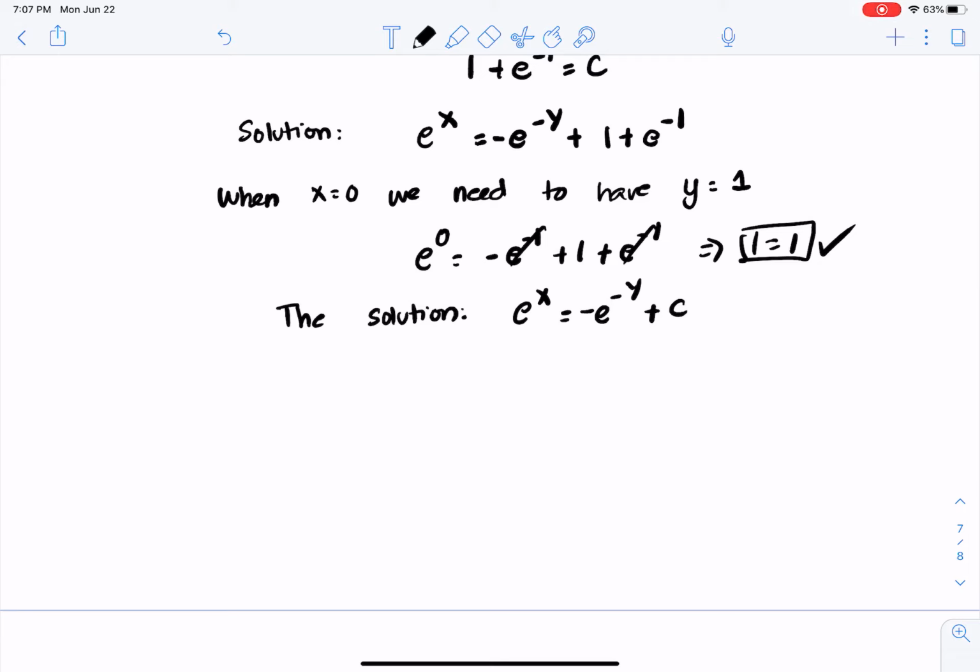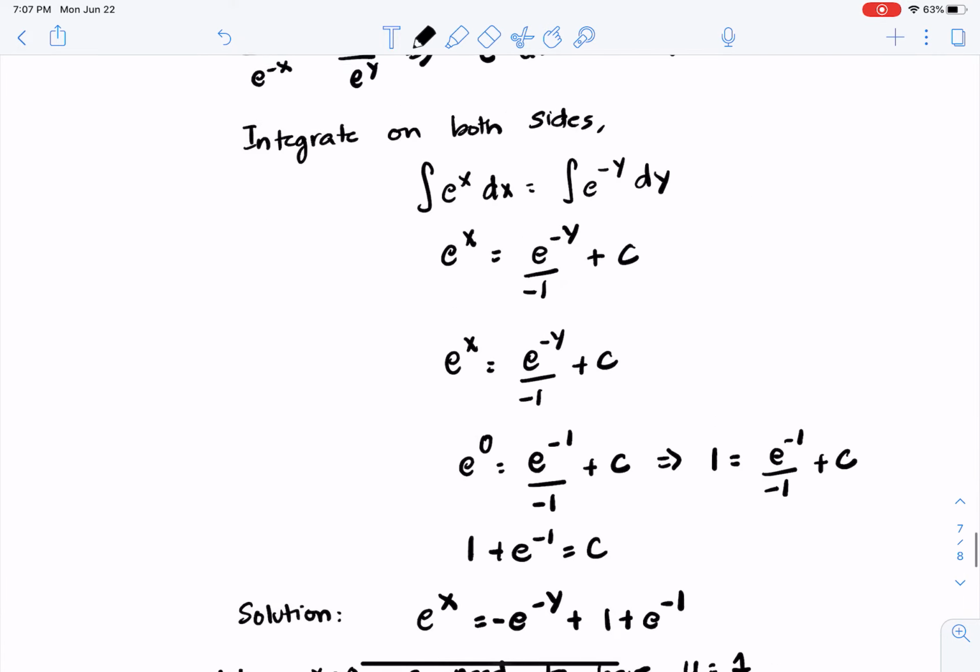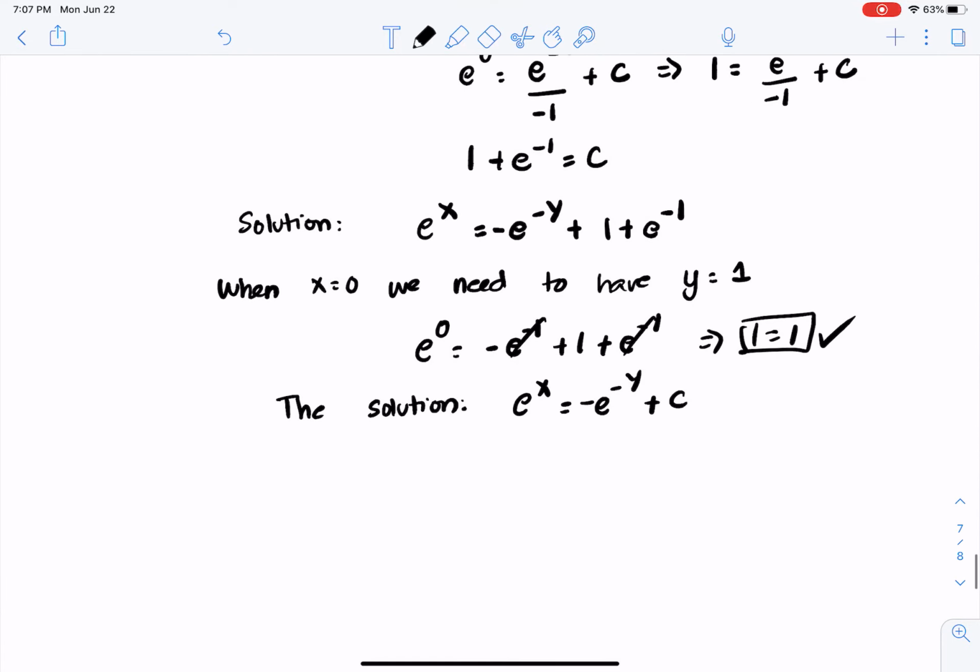So the initial condition is satisfied, but no matter what value of x we plug in, it is going to give us a positive value on the right hand side.